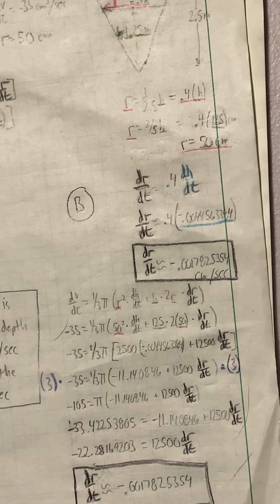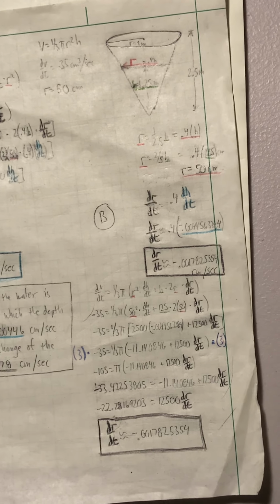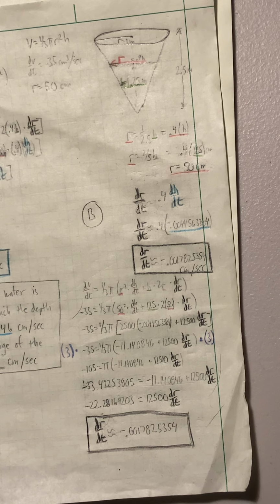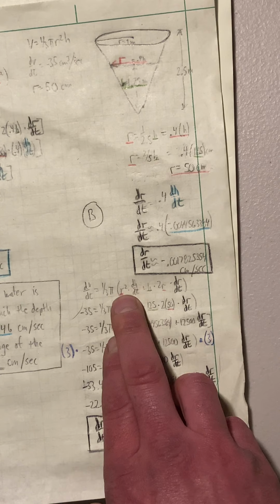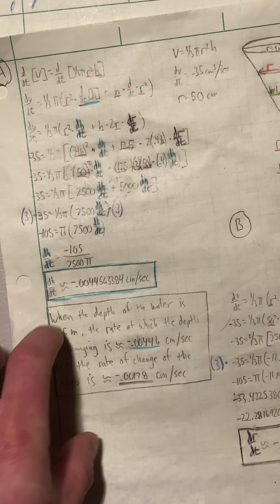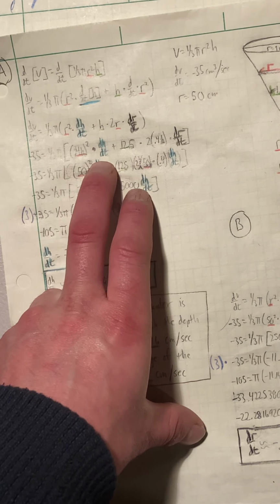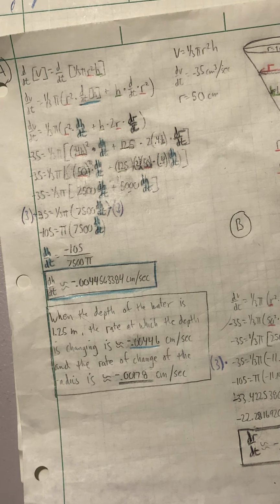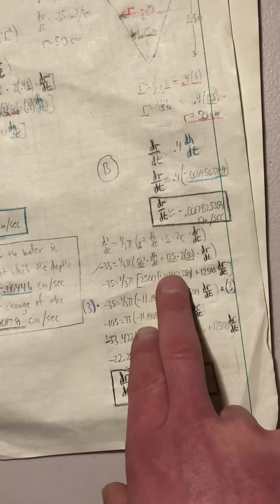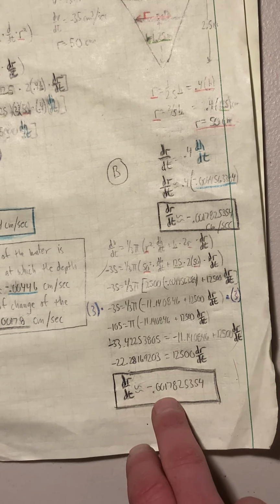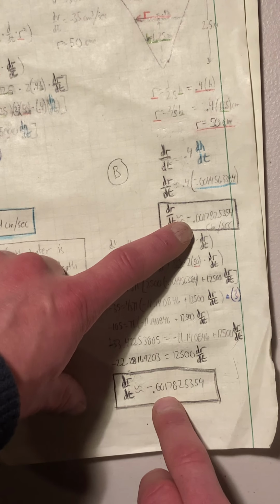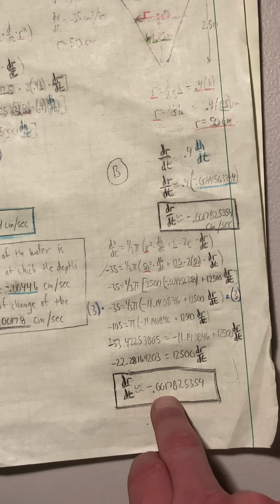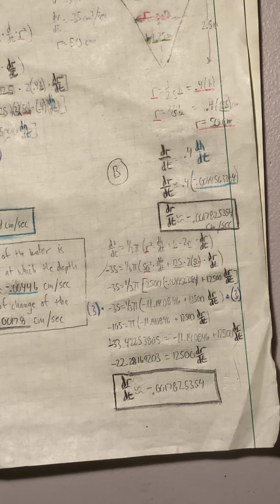This probably wasn't necessary, but I did it anyway just to confirm the rate of change of the radius. Instead of looking for dH over dt, I isolated dr over dt, went through the same process, and got the same value, negative 0.00178 centimeters per second, which I could write here too.